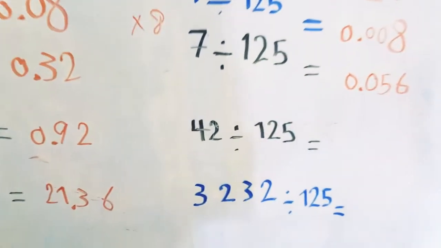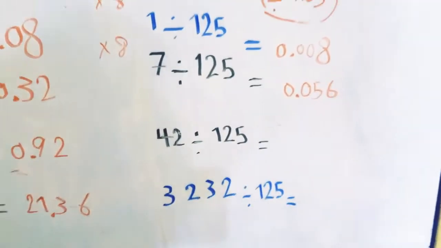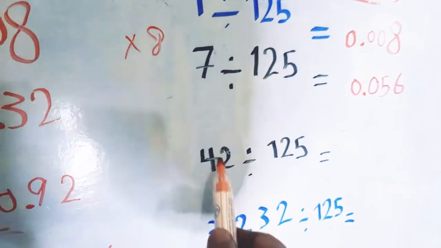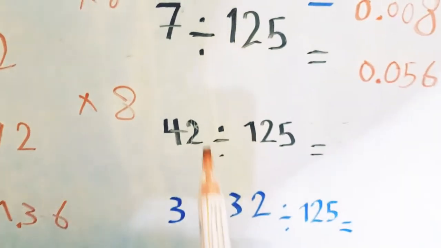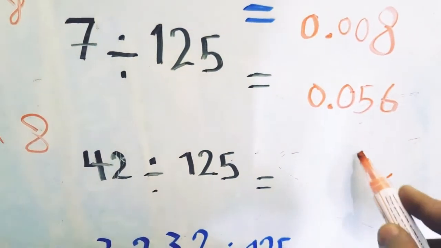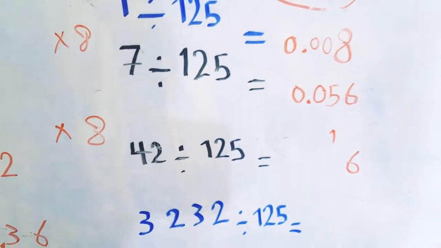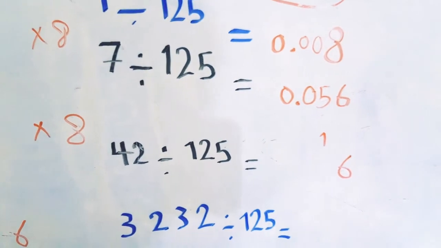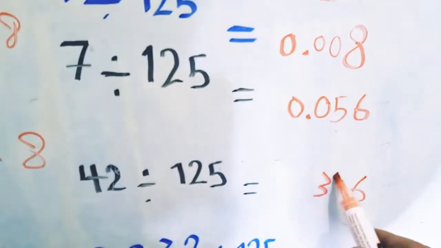I think you understand the rule now. Okay, let's take another example. 42 divided by 125. We look at the dividend and multiply it by 8. Okay, 2 times 8 equals 16. We carry 1. 4 times 8 equals 32. 32 plus 1, 33.